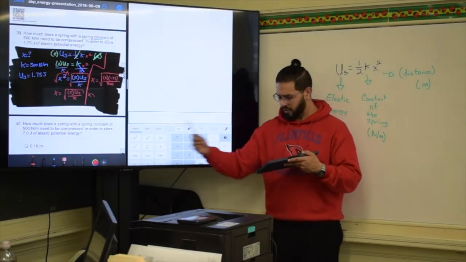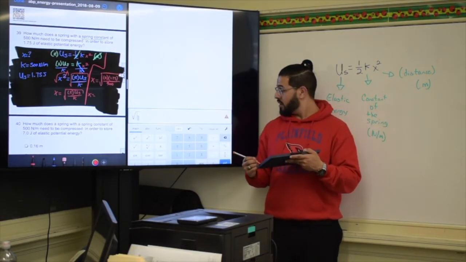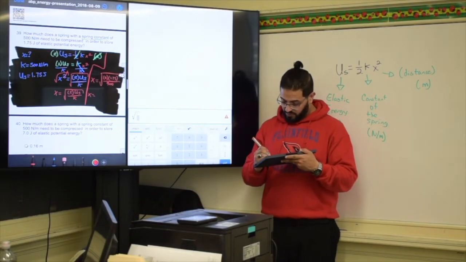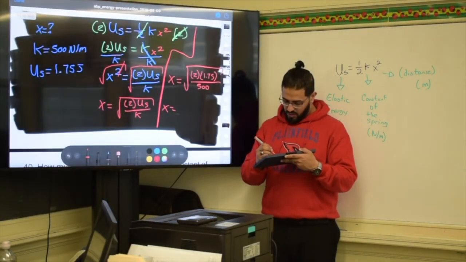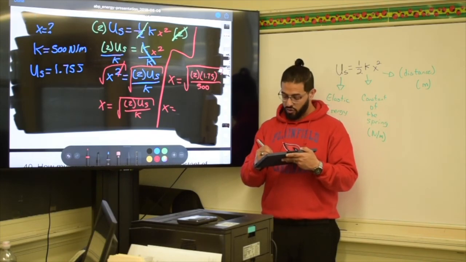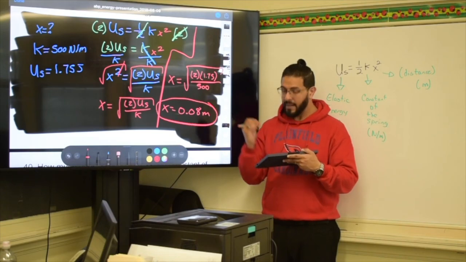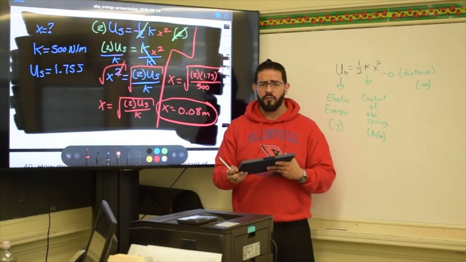We always need to start with the square root, fraction, and now we can type all the numbers. And we have that the answer is going to be equal to 0.08 meters. And we are done with the problem for elastic potential energy.